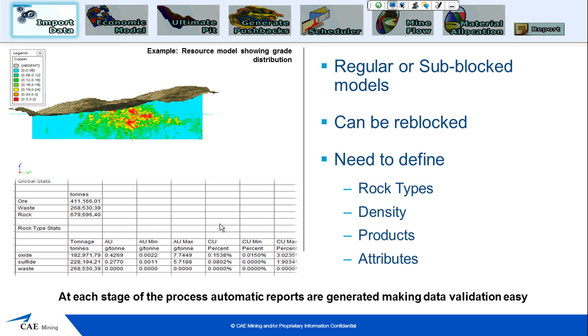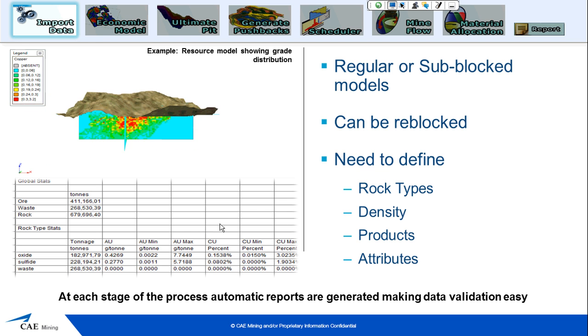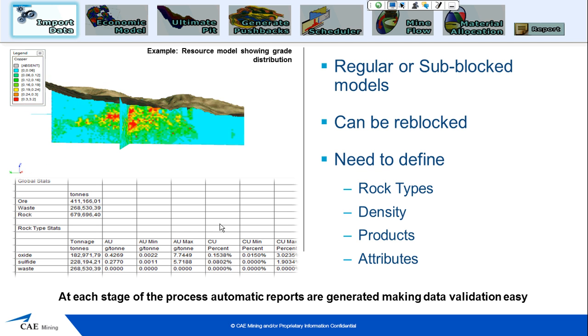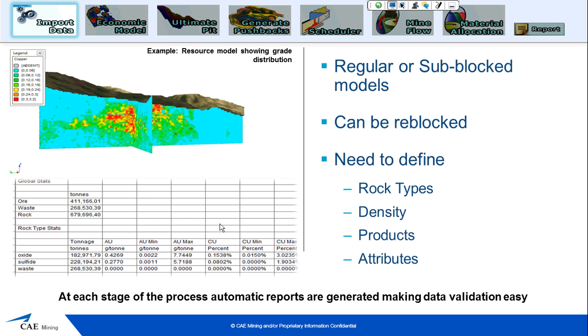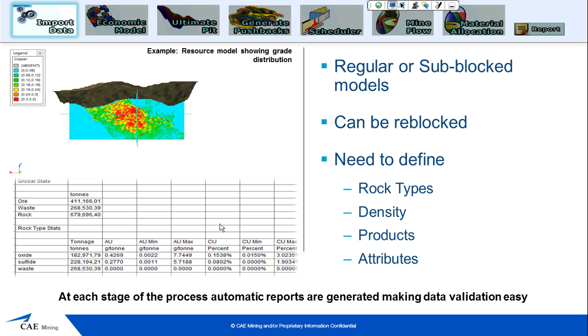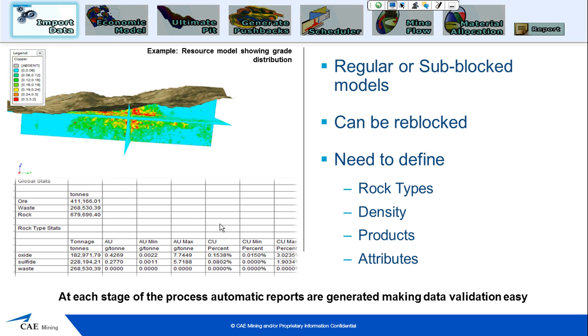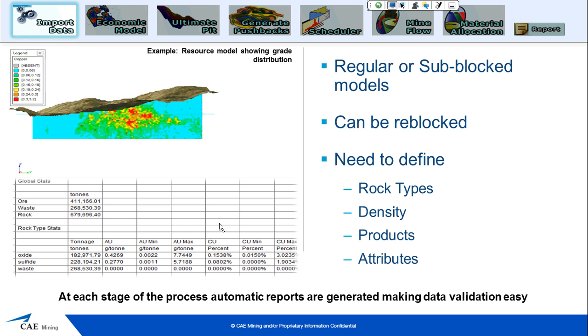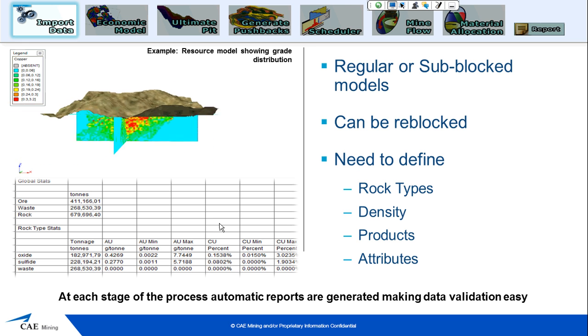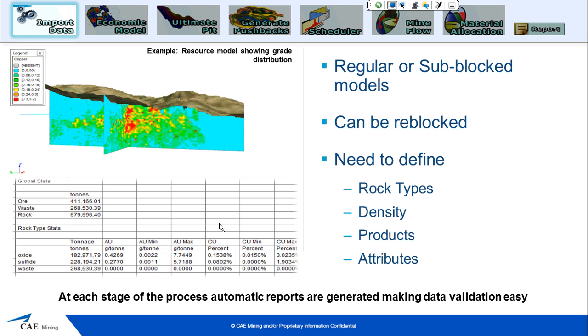So here's an image of importing a block model. We are able to take regular or sub-block models from both Datamine or Studio 3, but also Surpac and Micromine. These block models, when they come in, the system can reblock them as it needs to.